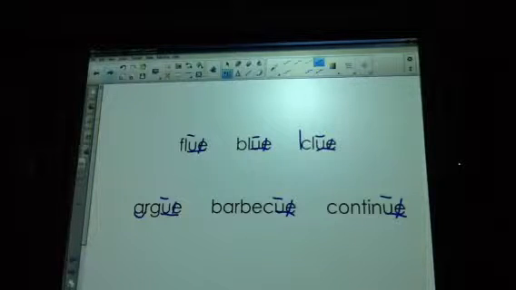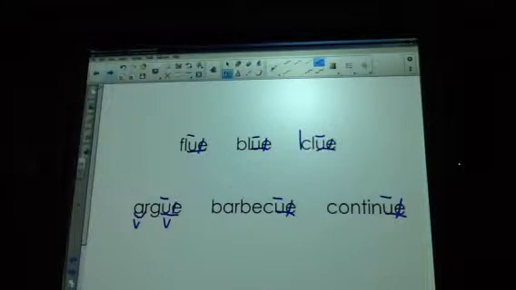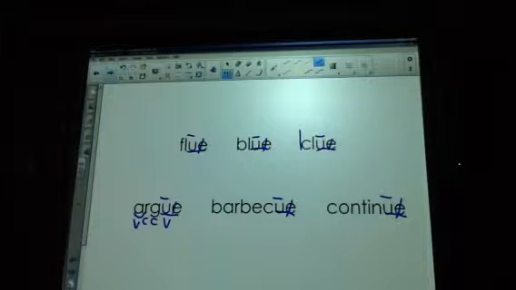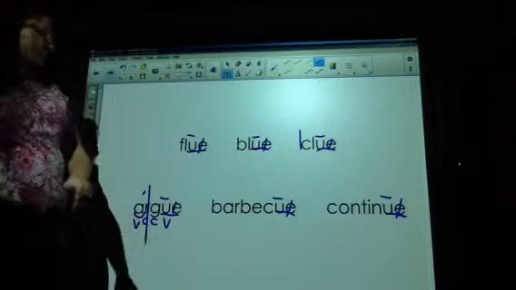Put a V under the A and the U. Put two C's under R and G. Where do I normally divide a VCCV pattern? In between the consonants. Where should I put my accent? On the first syllable. Okay, what is that word? Argue.